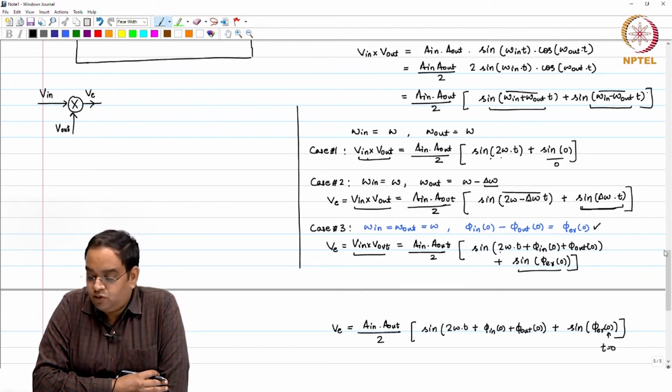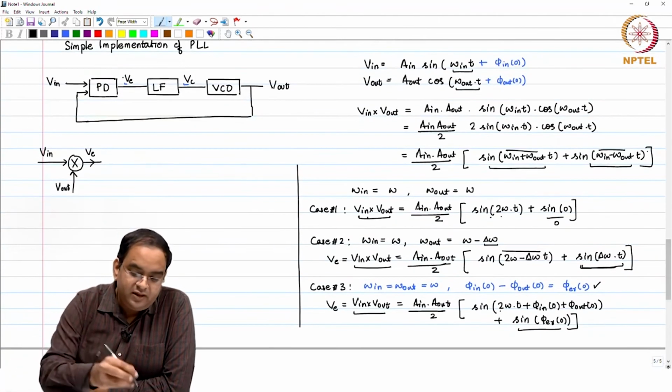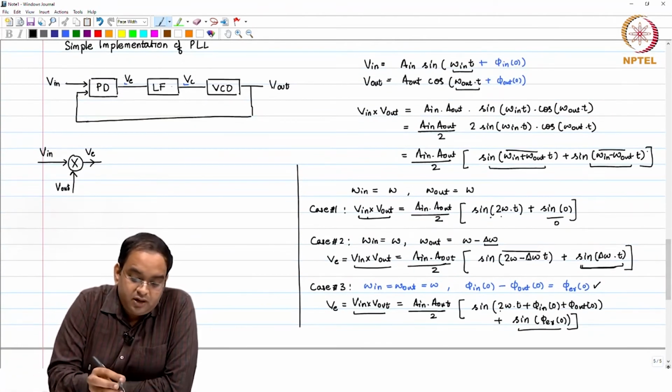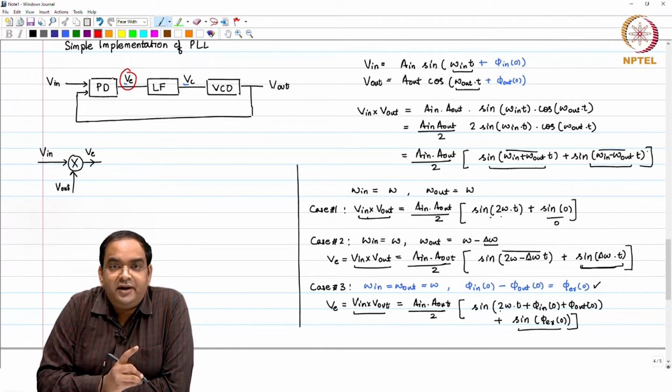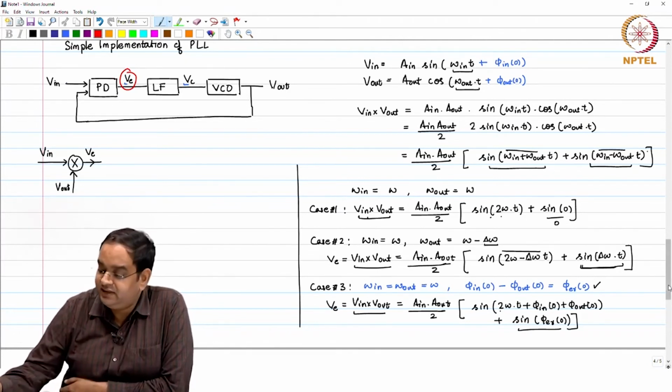So, what we need to process in this particular PLL block: at V error output, we got two components, one component at 2 omega frequency and the other component at DC.